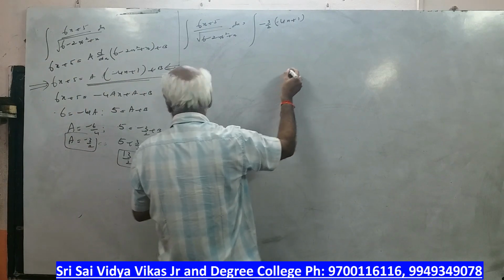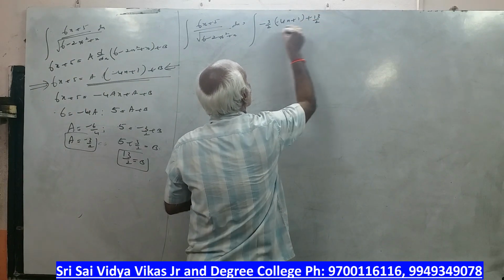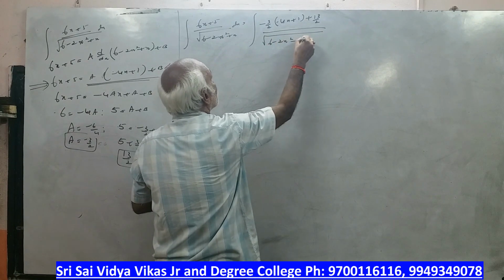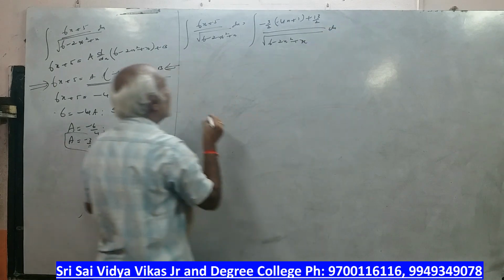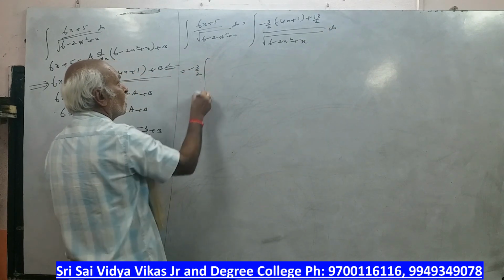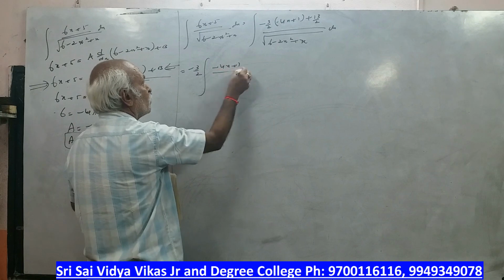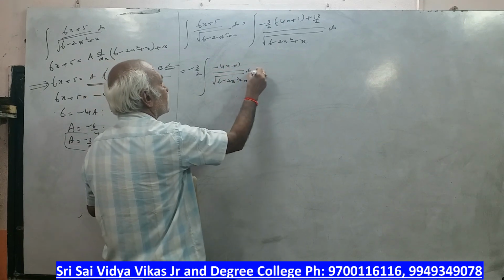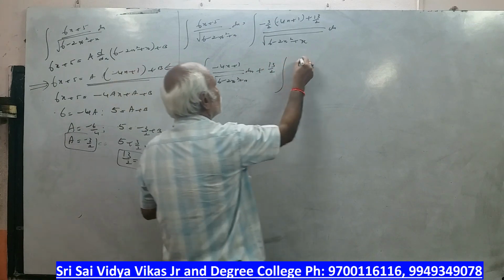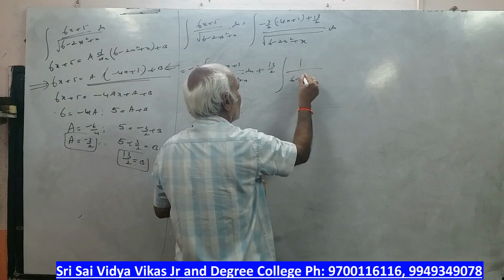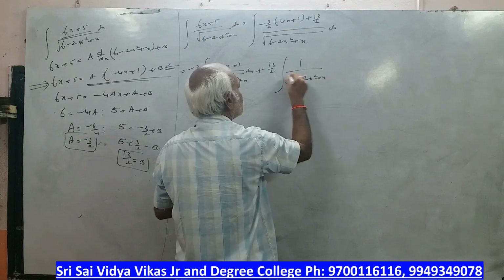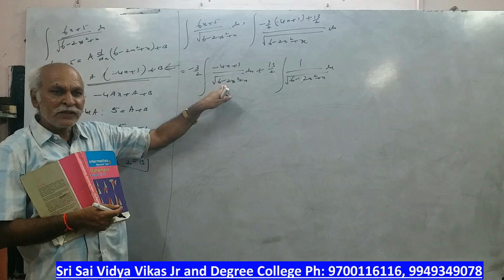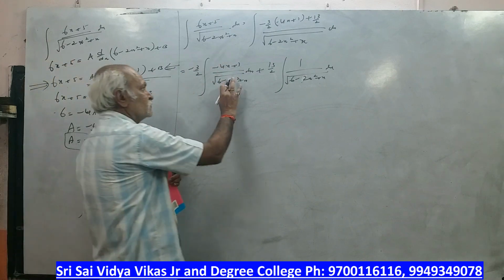B is what, sir? 13 by 2, by root of ... plus x. Right? Again separate them: ... by ... dx plus 13 by 2, 1 by ... dx. Now observe here, the derivative of the inside of the square root is there in the numerator.